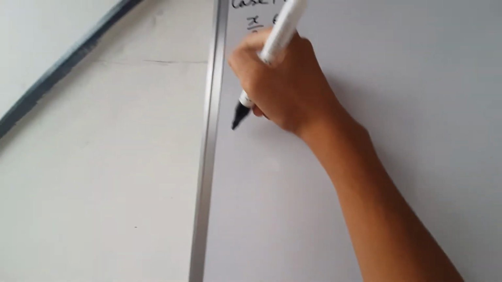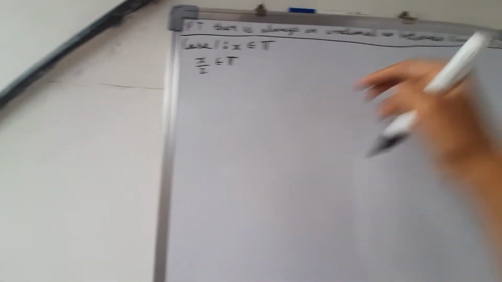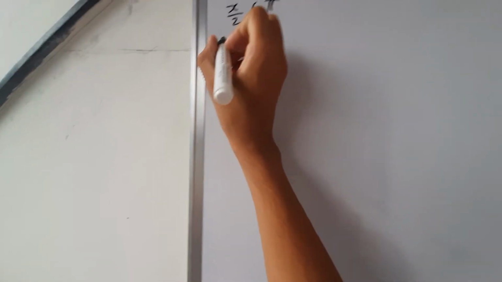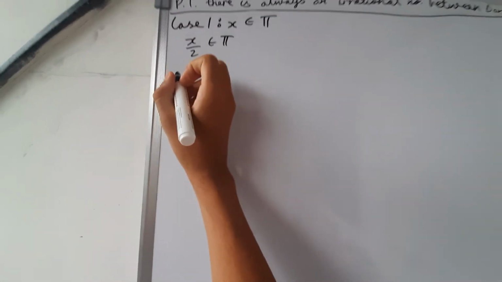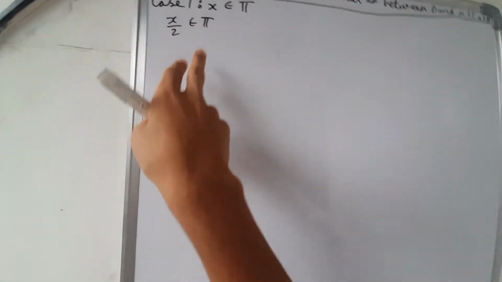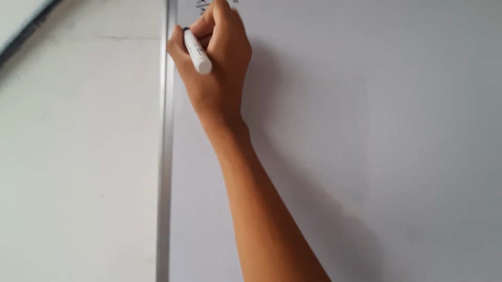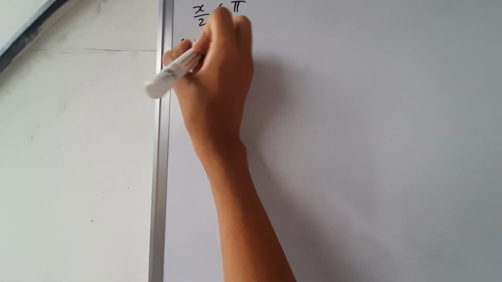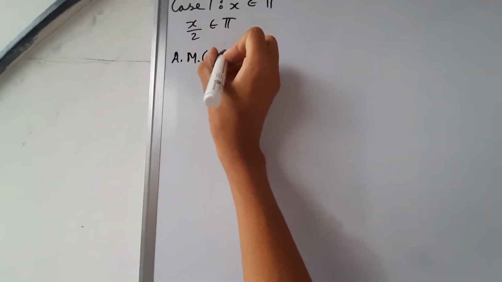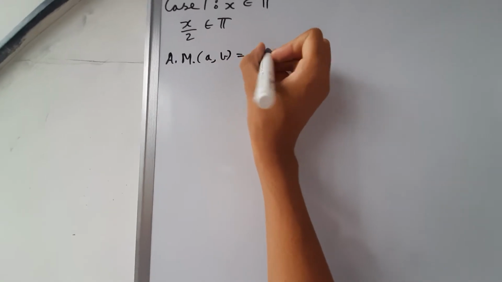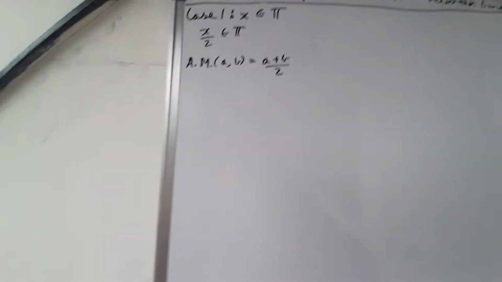Okay, so anyways, moving on. We've got this relation now. We've proved that there's one in between these, but just to be sure that there's always one between any two numbers, we're going to take the arithmetic mean of these two. The AM of a and b is written as a plus b upon 2, right?